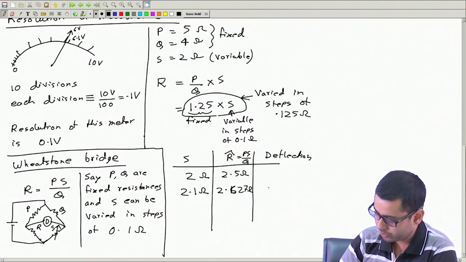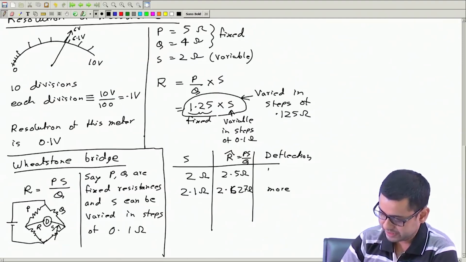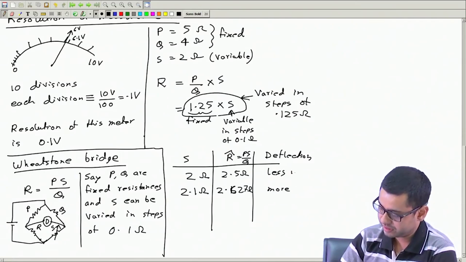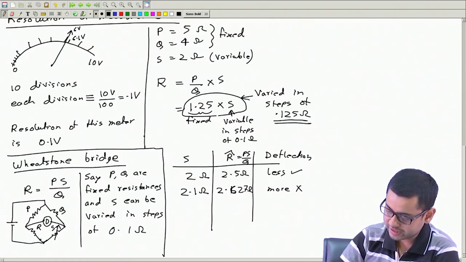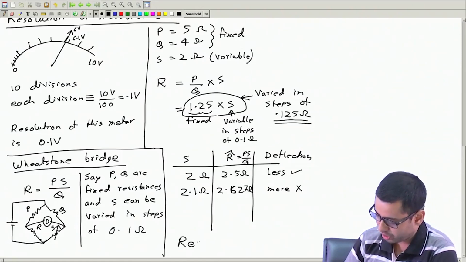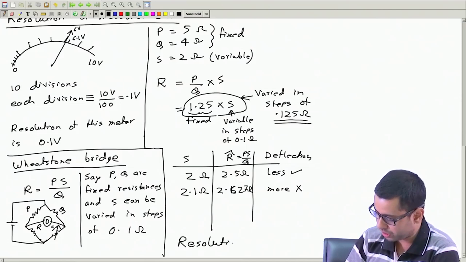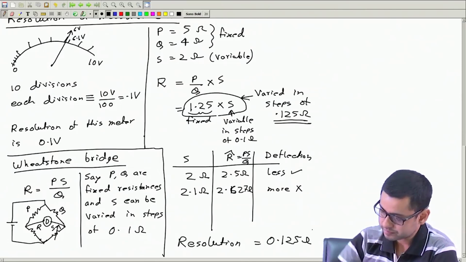Suppose you see more deflection here and less there, then that is a better estimation. But you can change your estimation only in steps of 0.125. So this is the resolution. We call this the resolution of the meter, which is 0.125 ohm.